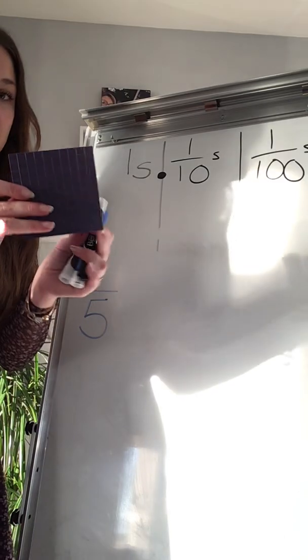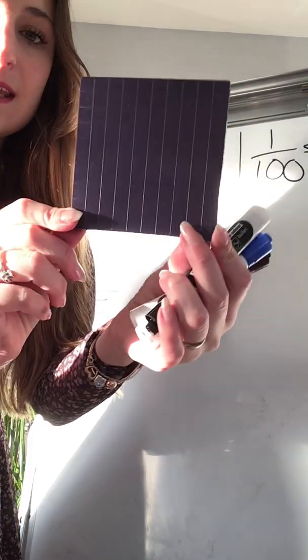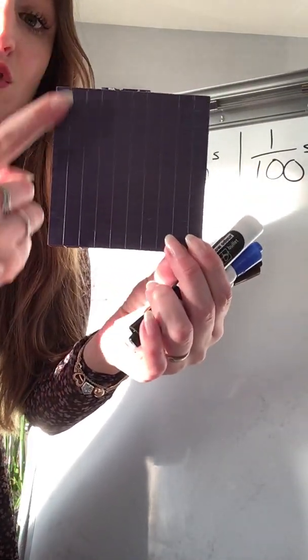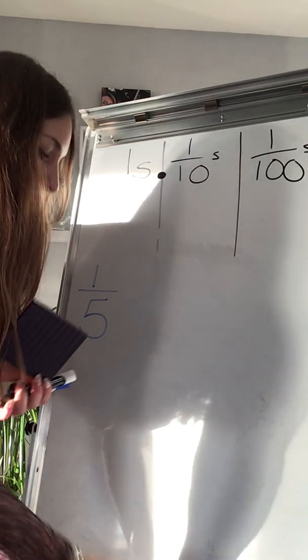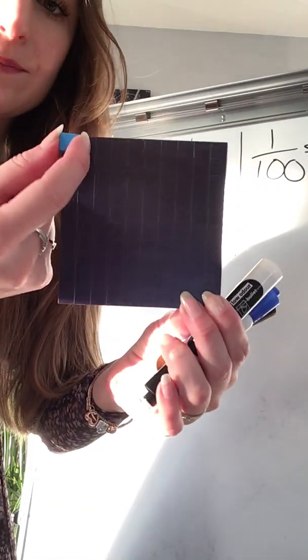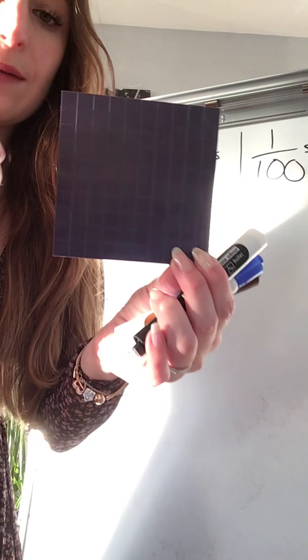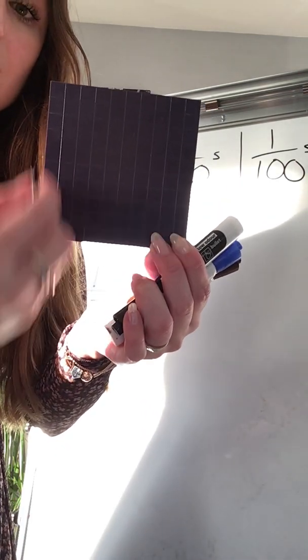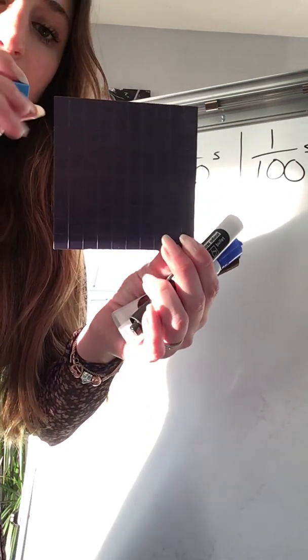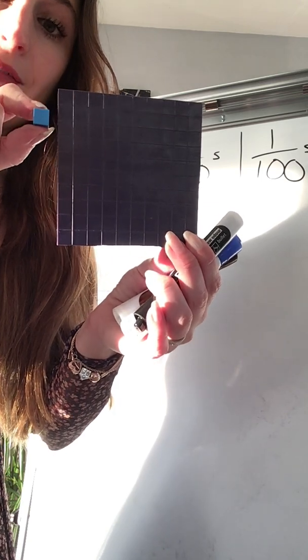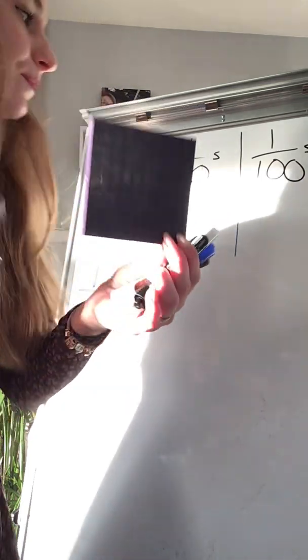So if it is cut into 100 equal parts, we have 100 of them, because remember that we have 10 on a whole line, and to make that line we have another 10 of them, don't we?